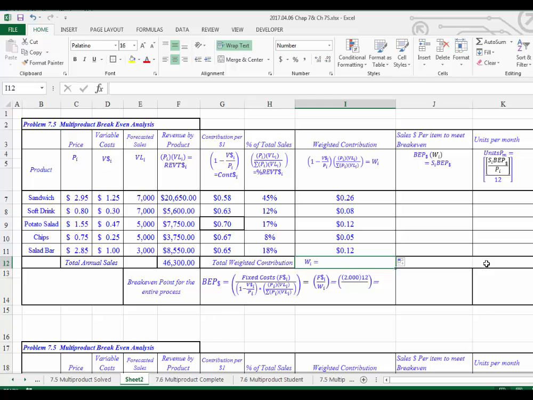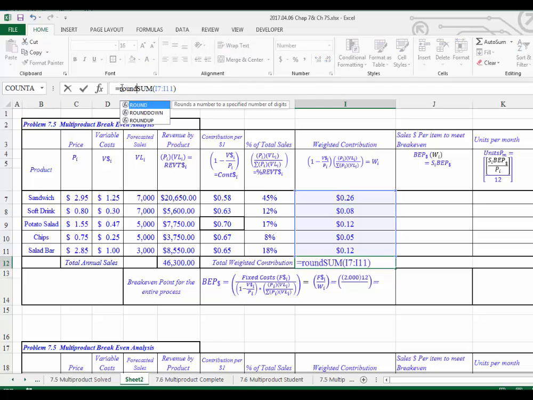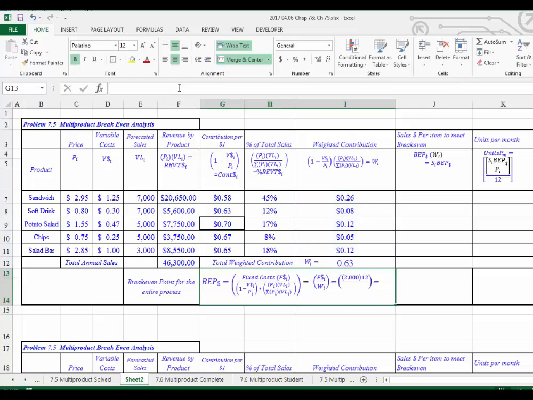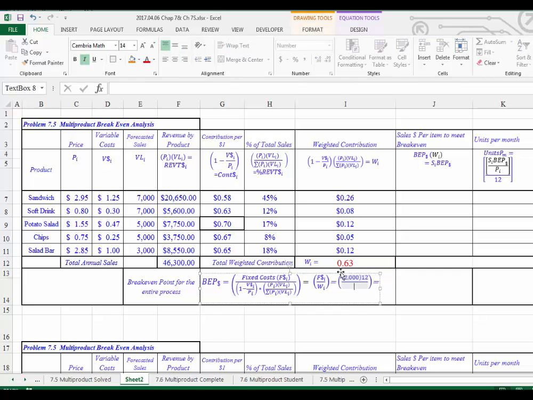Now in this cell, we just want to sum this, so we'll hit this auto sum. And here, we don't really need to tell it to round to 2 decimal places because you can see it already is. But we'll do it anyways, just to be sure. Now that we have this number, this is a critical number for us. This is what's going to go in our denominator here to do our fixed costs, our break-even computation.